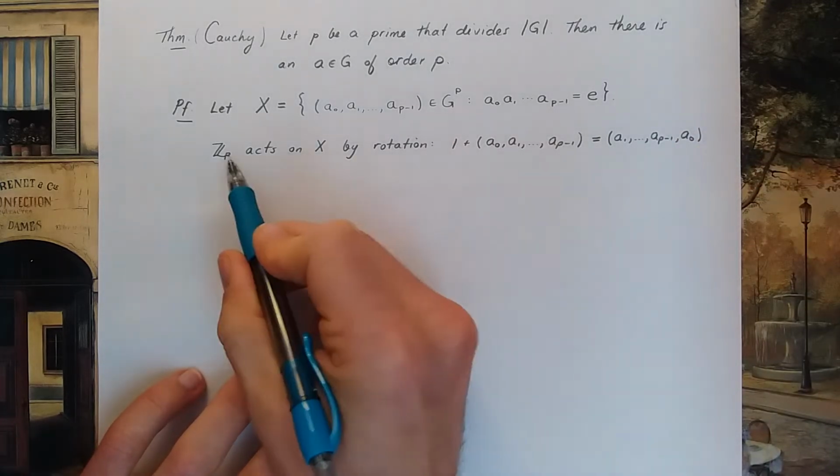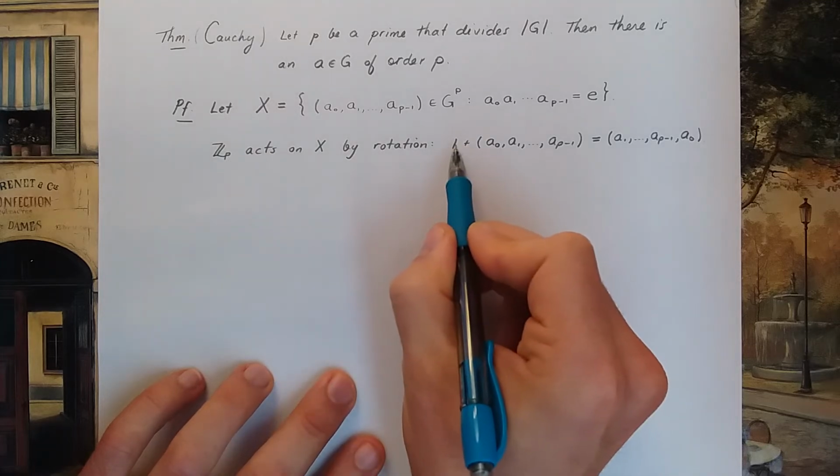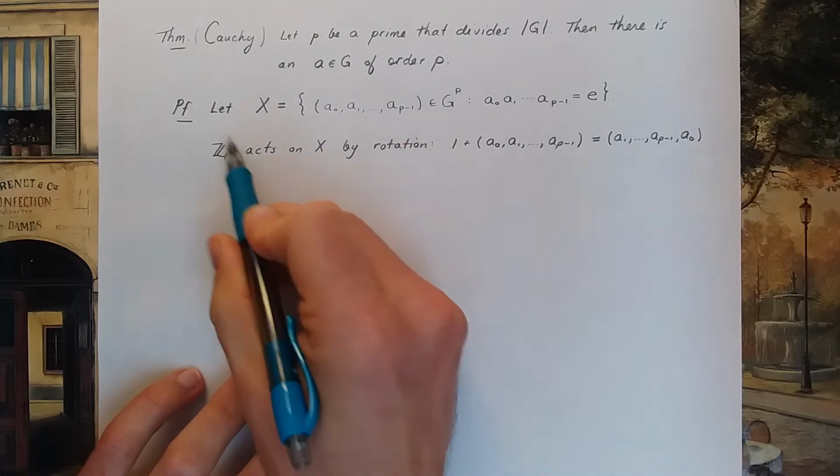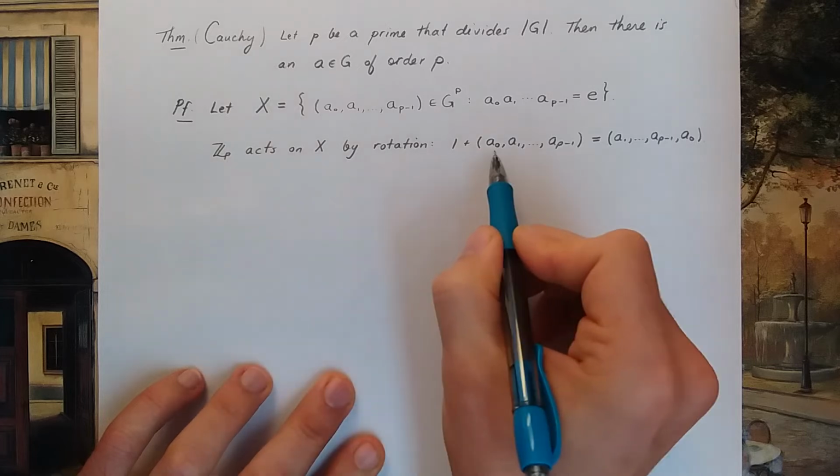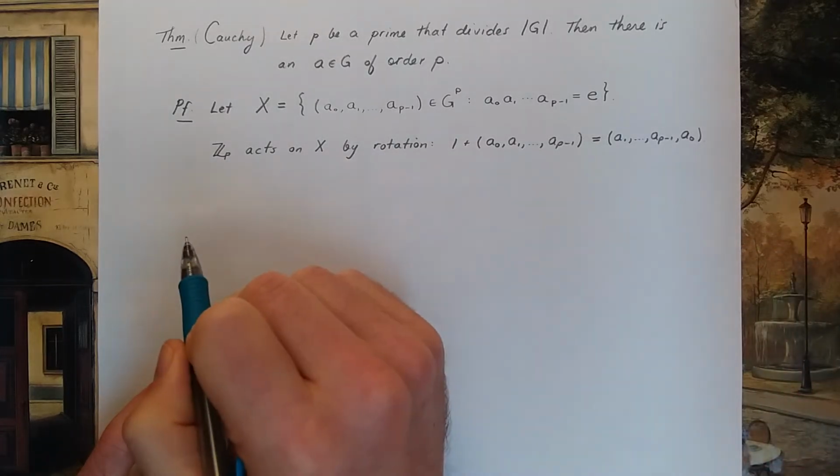Since 1 is a generator for Z_p, once I tell you what happens to 1, you know how every other element in Z_p acts on this. It rotates it 2 or 3 times and so on.